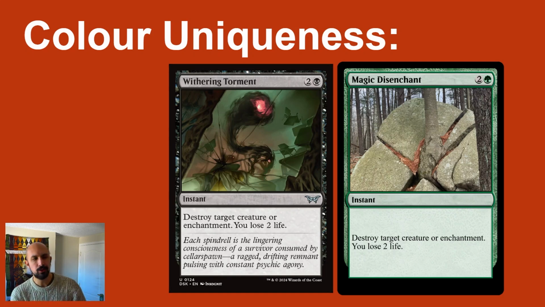Now, there's a bit of a trick here, because what colors are allowed to do changes in each era of Magic. We can look at Dark Ritual, for example, where black was able to create temporary mana, an ability that was then mainly gifted back to red, where it's now a red ability, but we still see it occasionally in black.